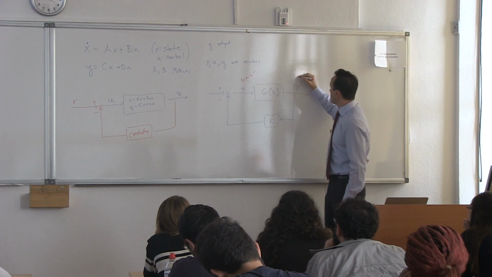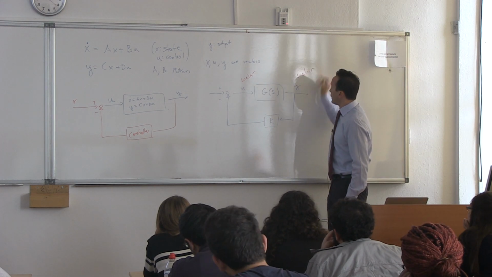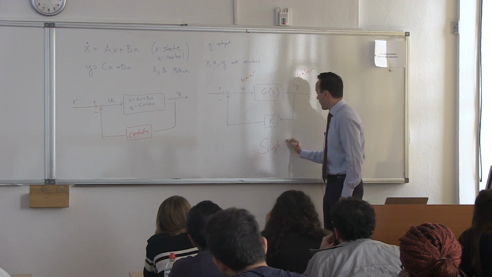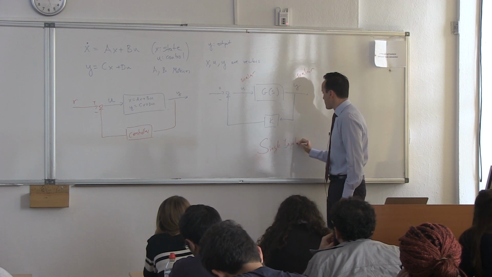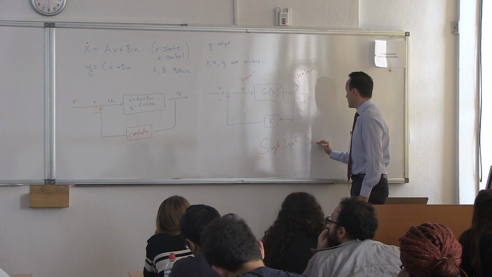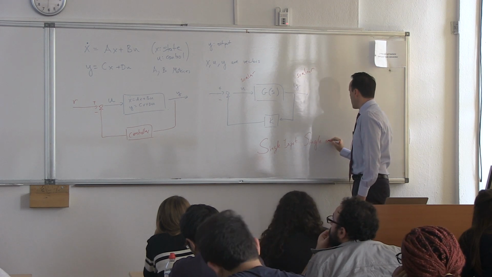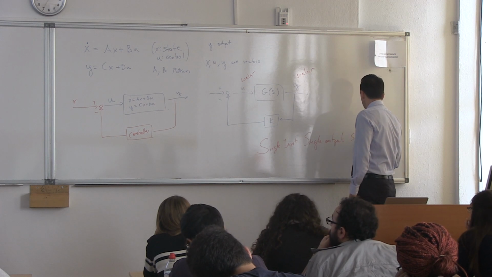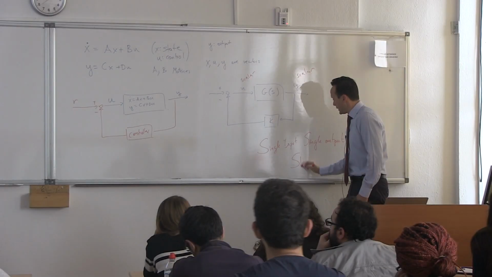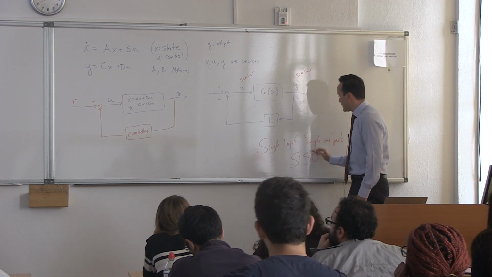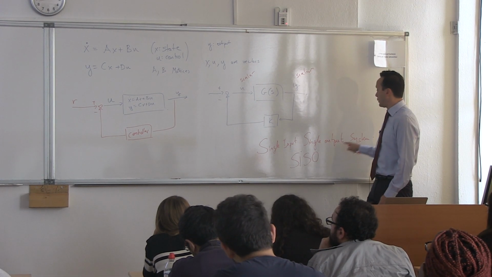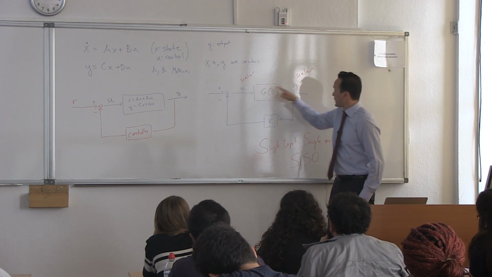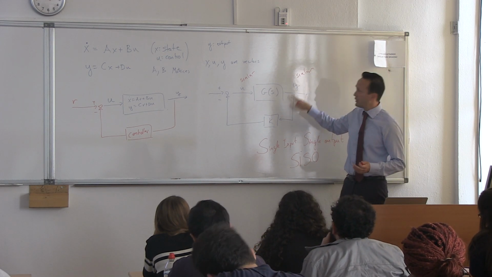It's not a vector, this is a scalar. We call this a single input, single output system. So this is a scalar, this is a scalar, therefore this is a scalar, these are just numbers.